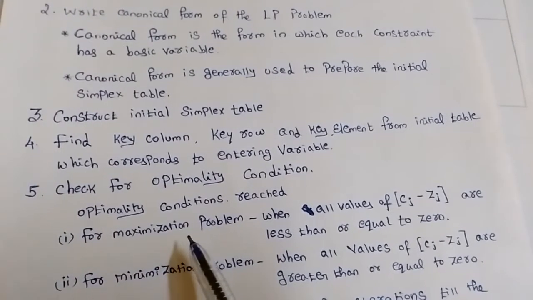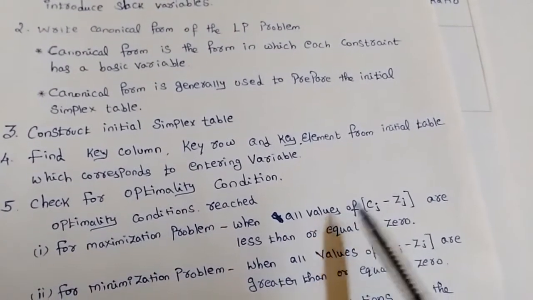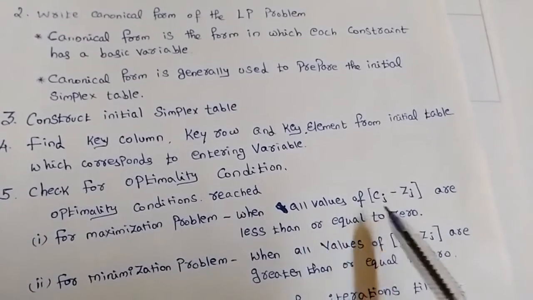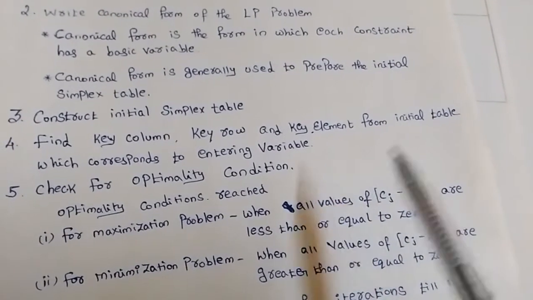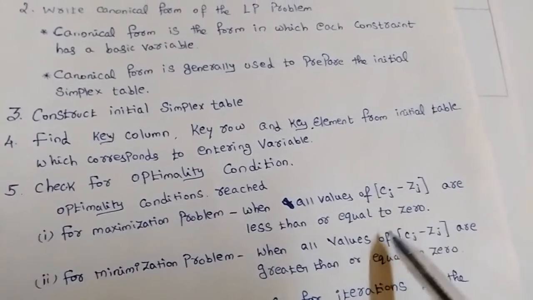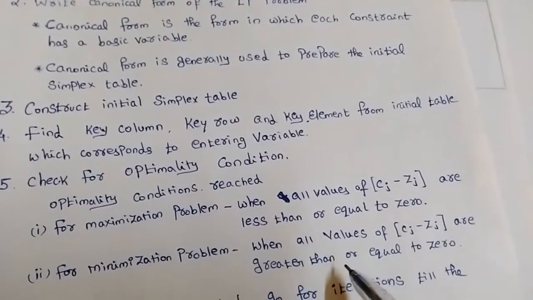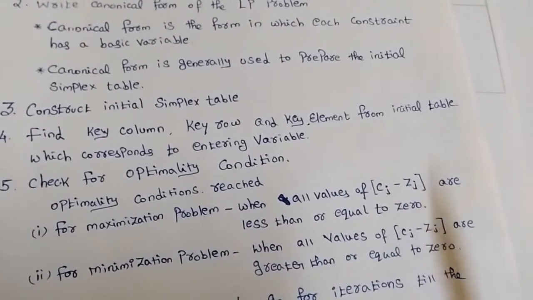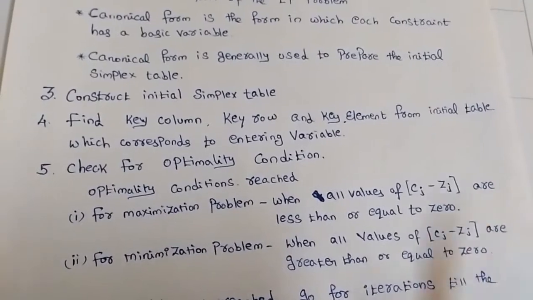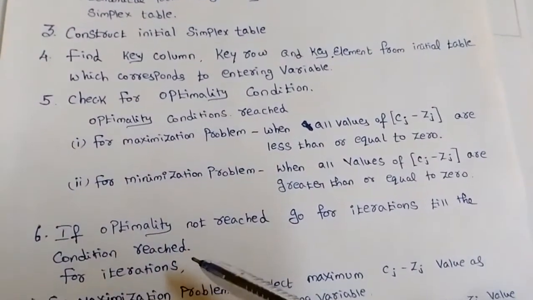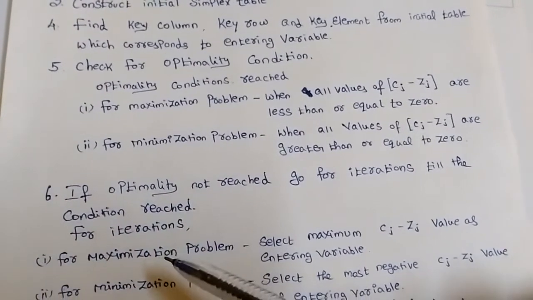For a maximization problem, when all values of Cj minus Zj are less than or equal to 0, either negative or equal to 0, the optimality is reached. If it is a minimization problem, when all the Cj minus Zj values are greater than or equal to 0, then the optimality condition is reached. If not reached, we will go for iterations.